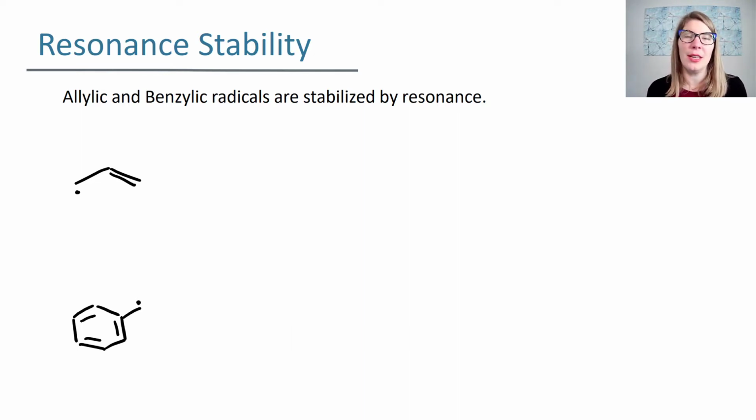When we're looking at resonance structures here and drawing this for radicals, remember we're using fishhook arrows. When we're utilizing those fishhook arrows, they're describing the movement of one electron. Now, because you've seen allylic carbocations and allylic carbanions, you already know what the allylic resonance structure for this is supposed to be.